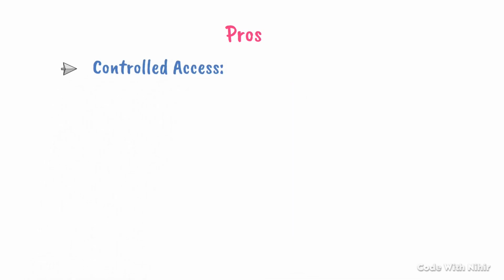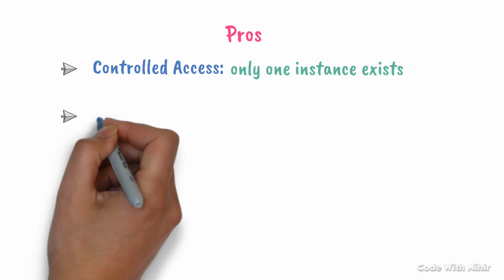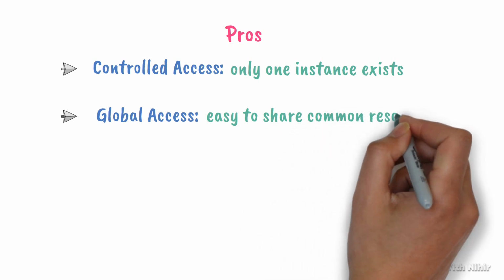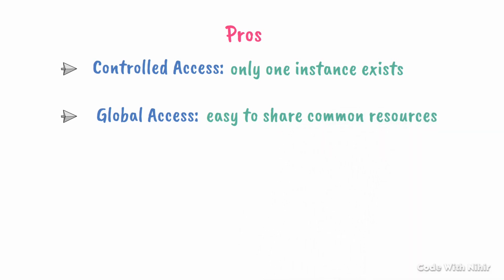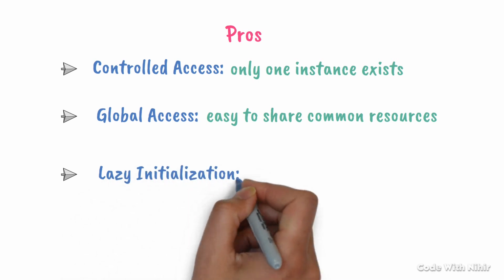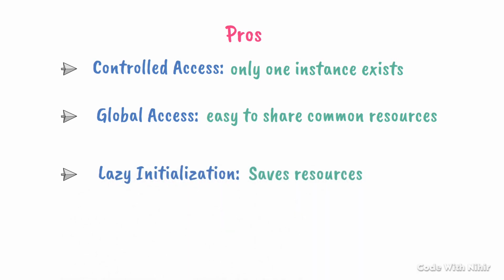It ensures that only one instance exists. Number 2, global access. It makes it easy to share common resources like logging or configuration settings. Number 3, lazy initialization. It saves resources by creating the instance only when needed.